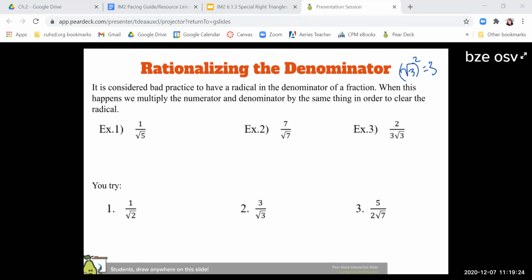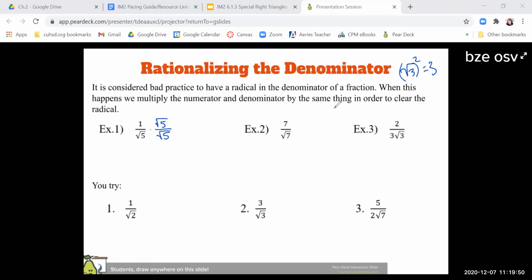It undoes the square root symbol. So in order to get that root out from the denominator, like to get rid of root 5 from the denominator, what I want to do is multiply it by itself. So I am going to multiply this by the square root of 5 over the square root of 5.